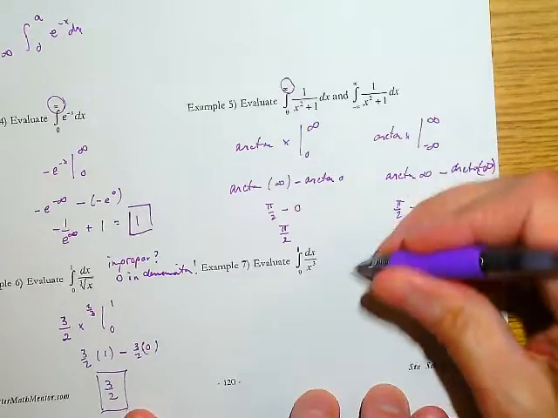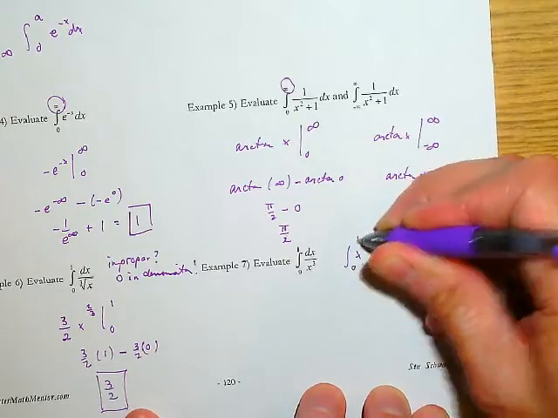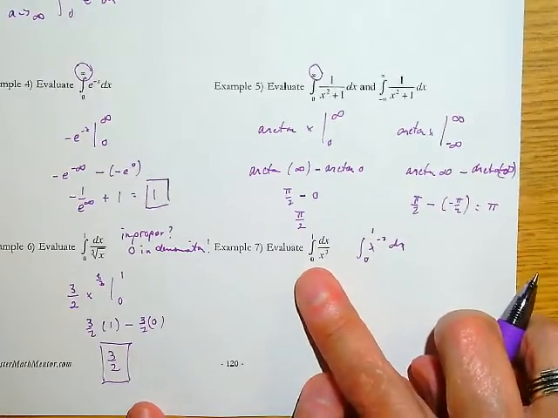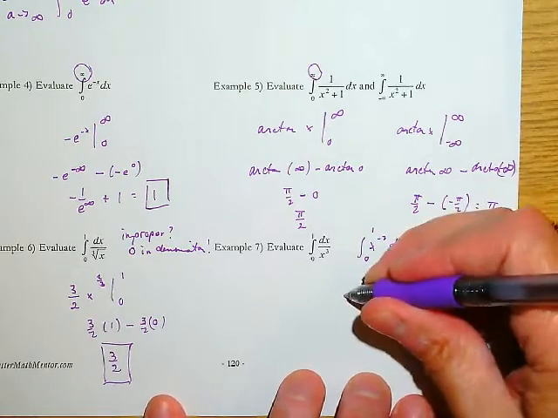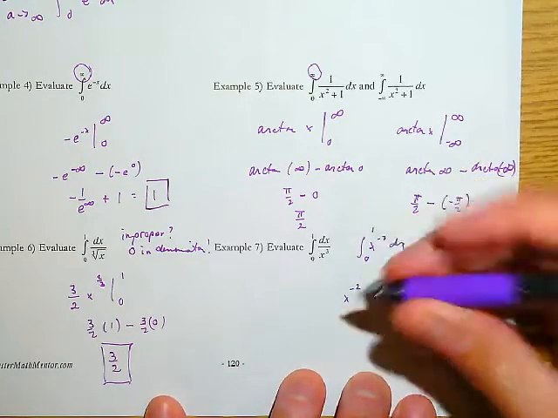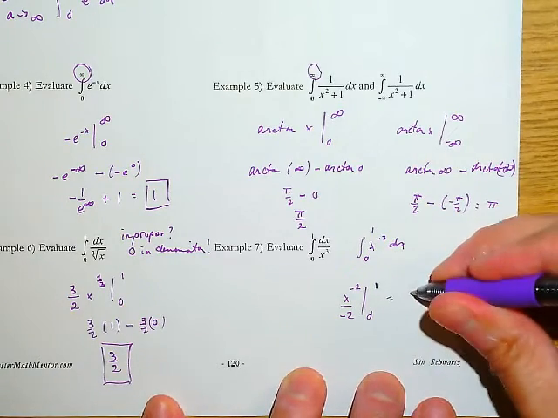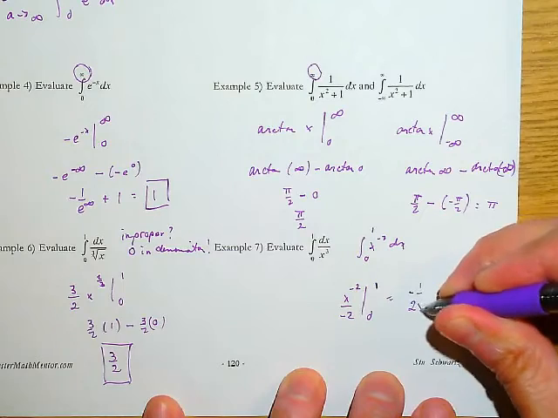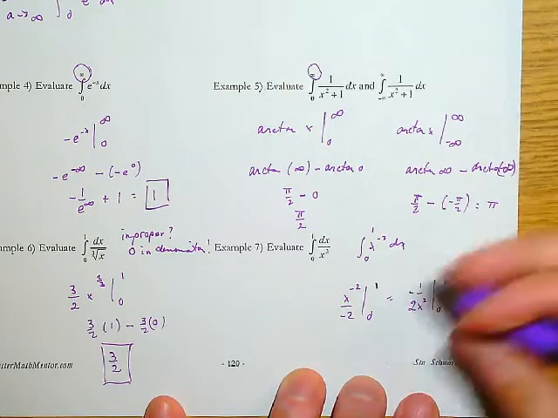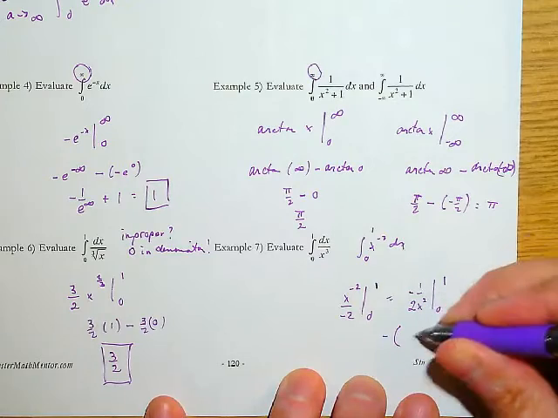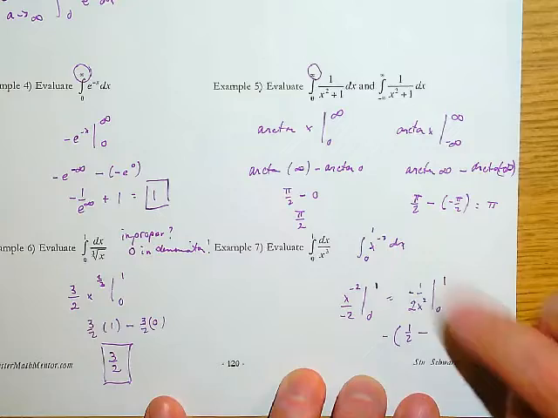What about this one? This is the same as writing the integral of x to the negative 3 dx from 0 to 1. And again, this is an improper integral because you've got a 0 in the denominator possible. So if we increase that, x to the negative 2 divided by negative 2 from 0 to 1, or another way to write that would be negative 1 over 2x squared from 0 to 1, right? So we've got negative 1/2 plugging in that one, minus, what is this one going to be?